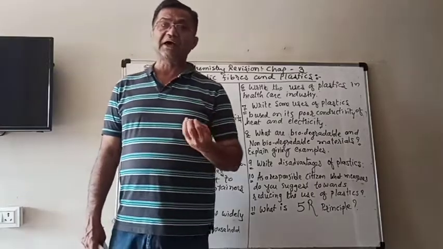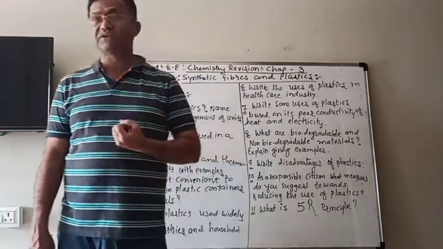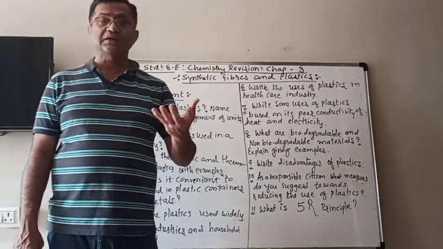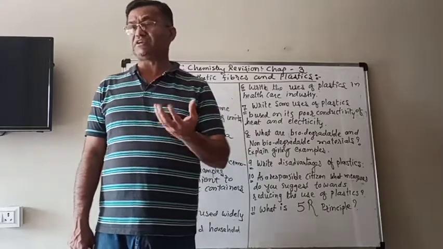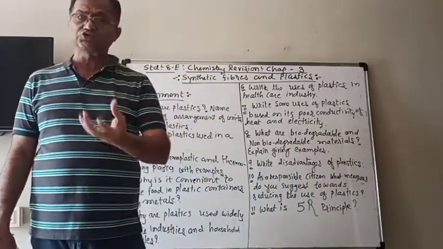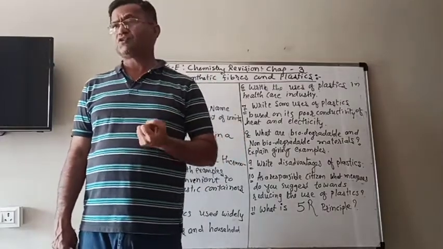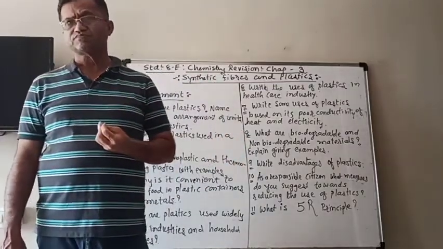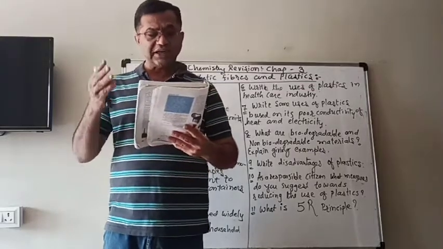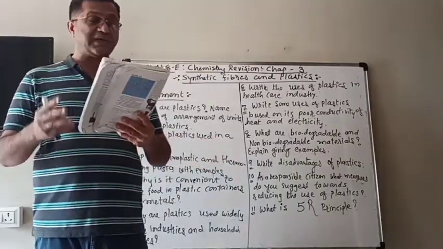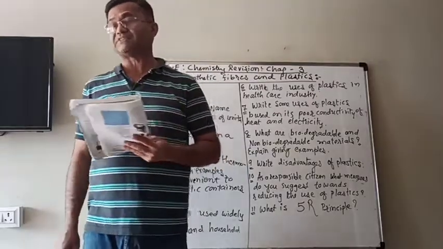Therefore, they are used to make switches and crockery, like the dinner set. We use hot soup or hot food items in the dinner set, so it does not get soft. Melamine, Teflon, bakelite, etc. are examples of thermosetting plastic.